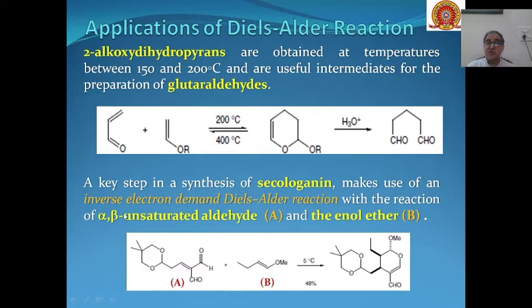So this is inverse electron demand Diels-Alder reaction, where alpha beta unsaturated aldehydes are acting as dienes, and enol ethers are acting as dienophiles to give us these types of important products which are used in the synthesis of some drugs on reaction with some other reagents.